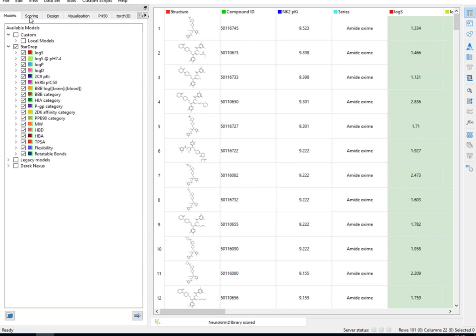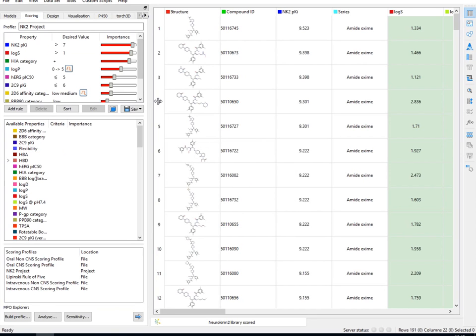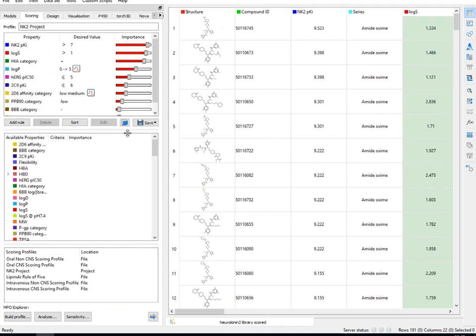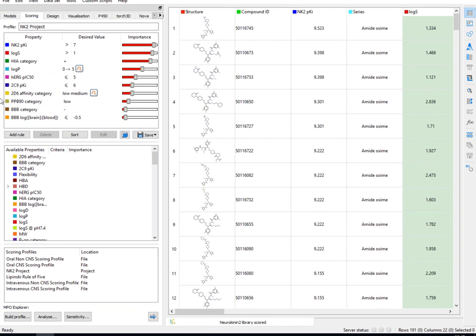And of course, this idea of multi-parameter optimization is where we can bring together all of this data in a rigorous way. You can see here this profile of properties that this project has defined, obviously looking for a potent compound, good solubility, good absorption for an orally dosed compound, the right range of log P, and so on.